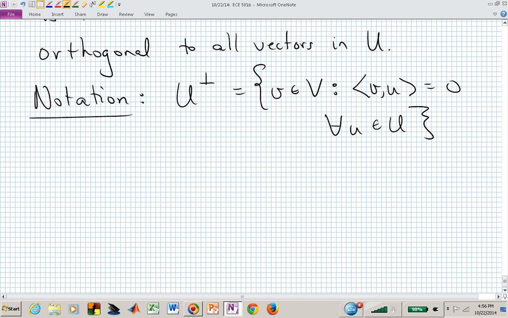And probably the textbook and others might say it's obvious that U perp is a subspace, even when U is a subset. Should be obvious.